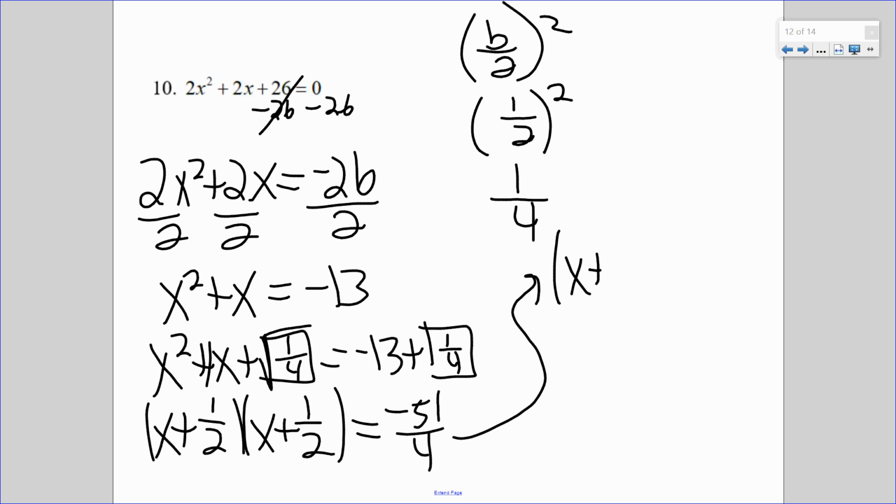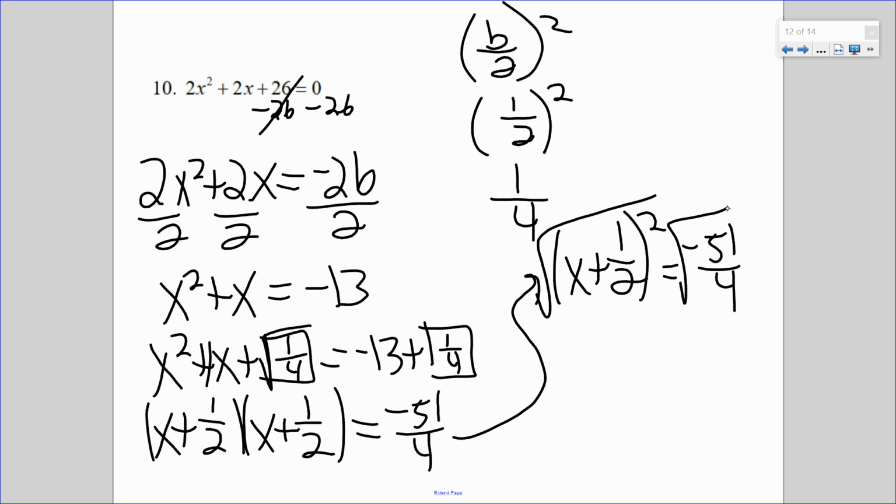Rewrite it as a binomial squared. And now I take the square root of both sides. The square and the radical cancel.